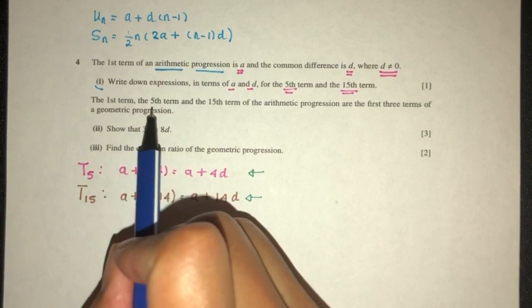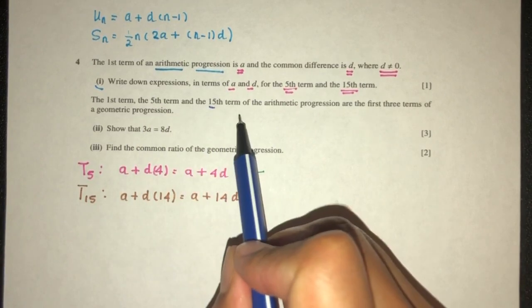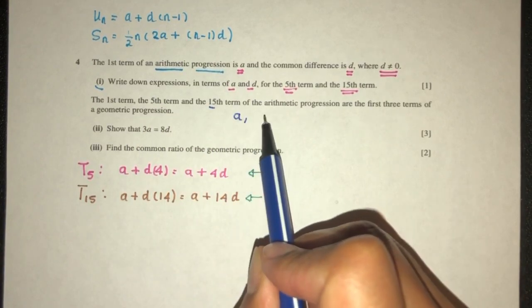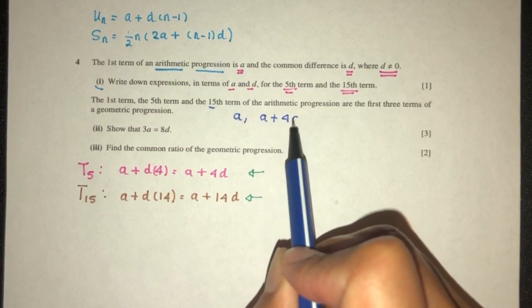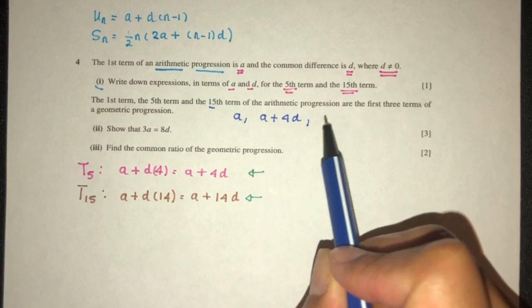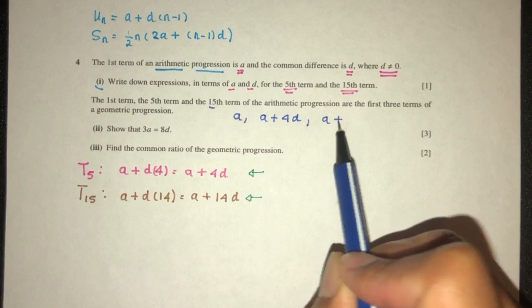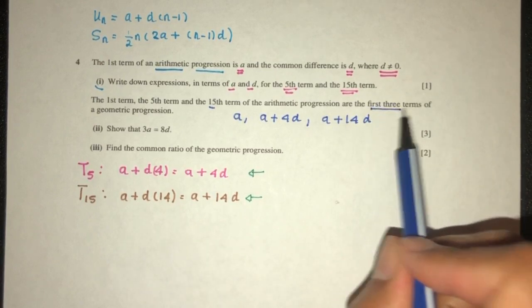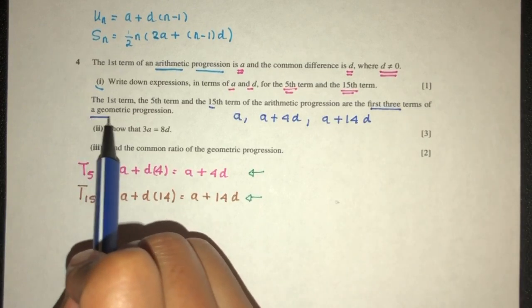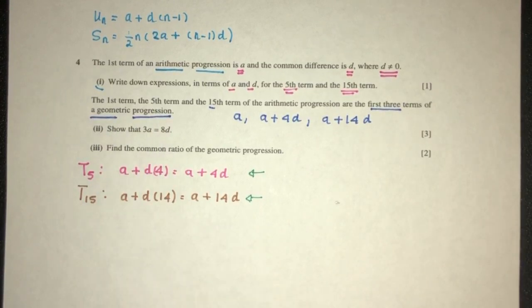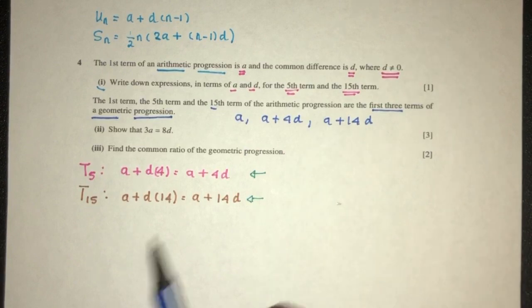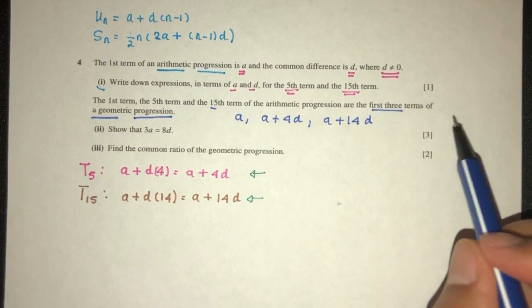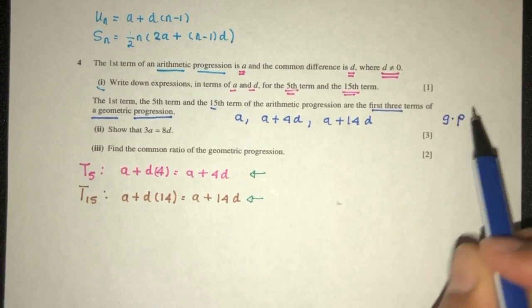Now the first term, the 5th term and the 15th term, which is this one, are the first 3 terms of a geometric progression. Okay, so now these 3 are the first 3 terms of a GP. Great to know.